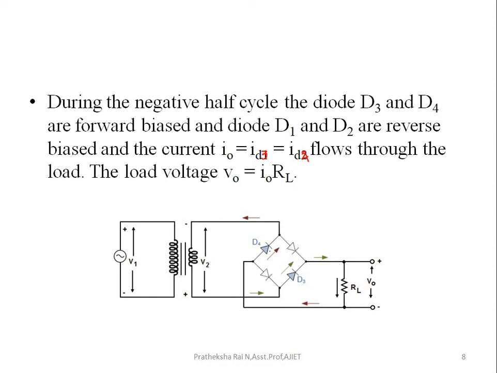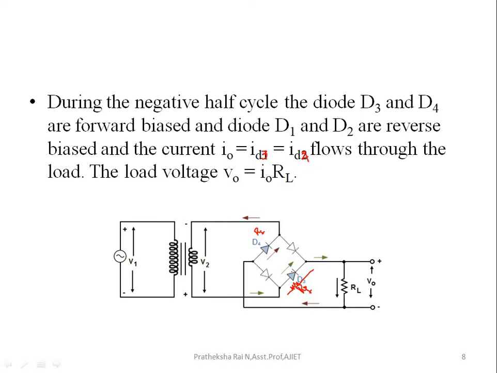What is RF? RF is the forward resistance of the diodes. How many diodes are there here? Two diodes. So instead of this, we can write a resistance. The voltage drop across this resistance is I0 into RF, because I0 is equal to ID3 equal to ID4.